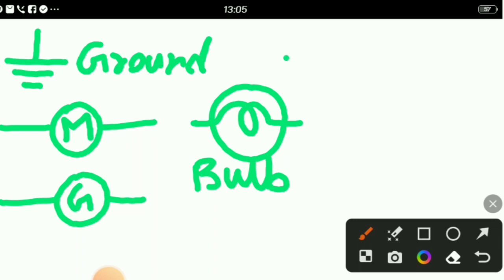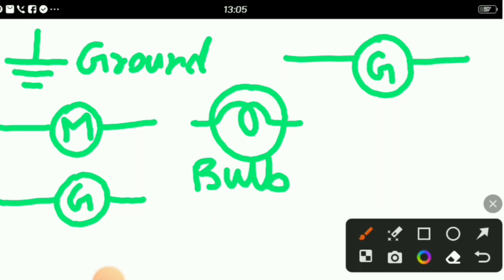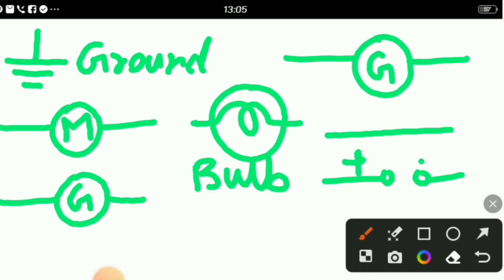Now galvanometer represented by G. A wire, a simple wire is represented by a single line. Now DC source is represented by positive negative terminal or DC supply.